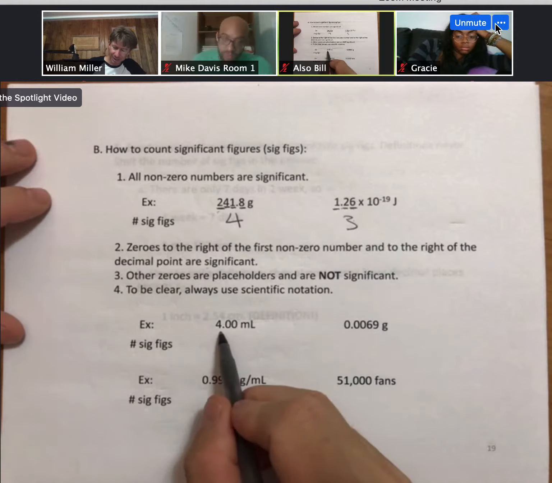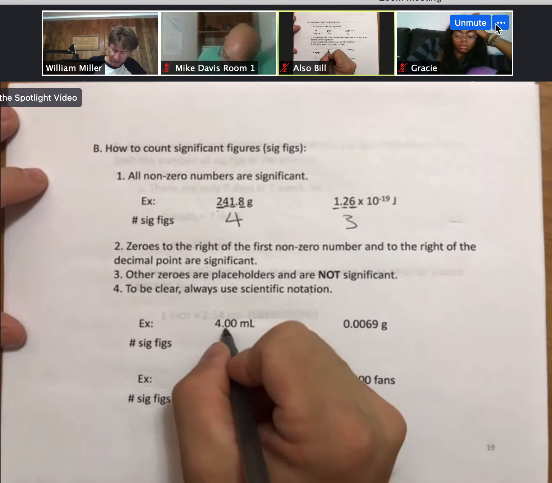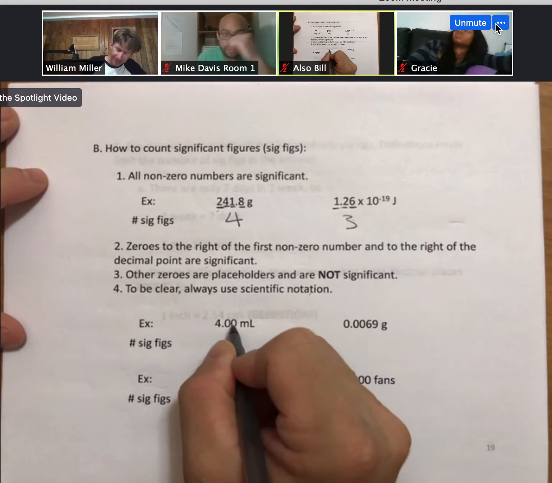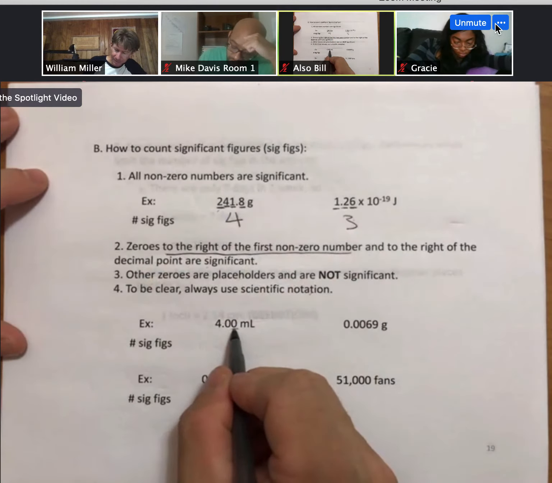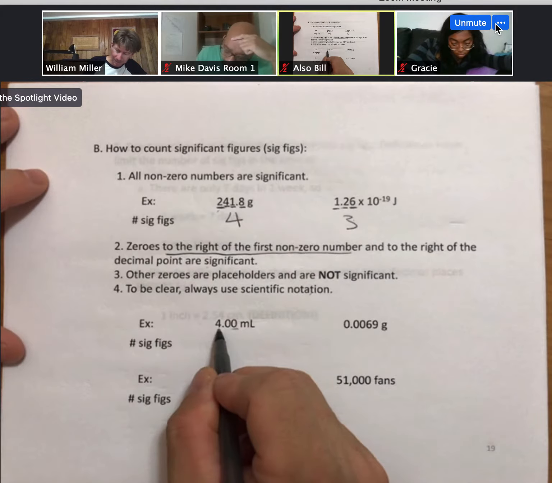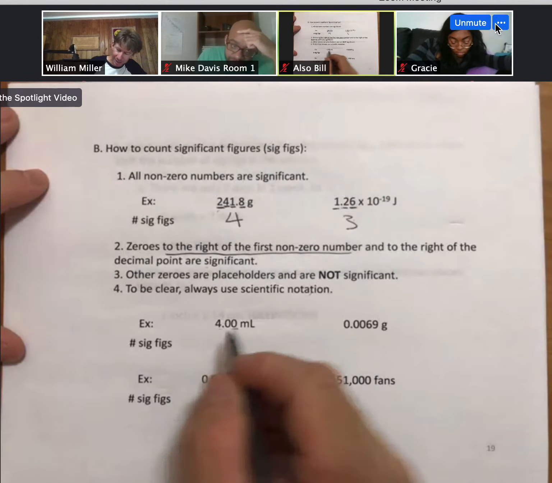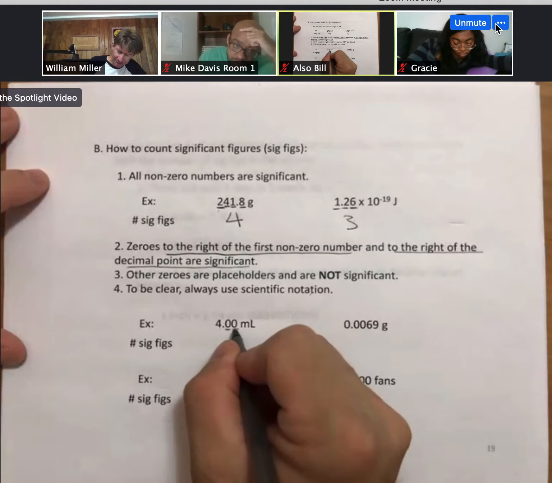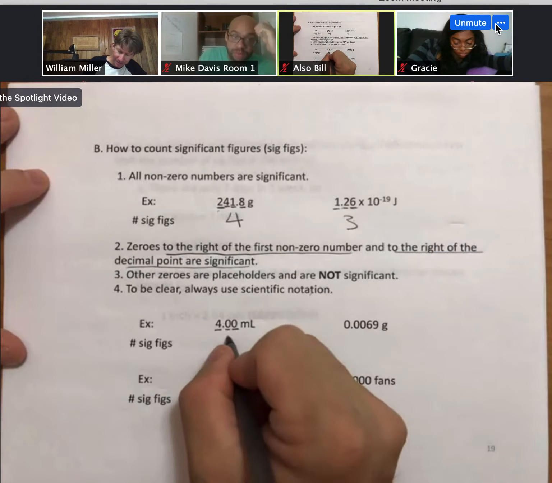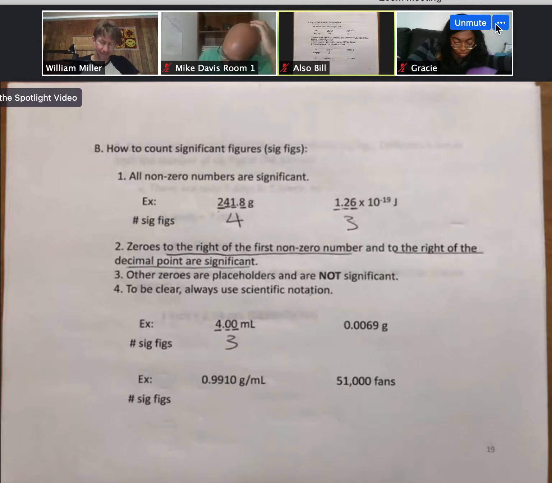In this first example here, I have 2 zeros, and they are to the right of the first non-zero number, and they are also to the right of the decimal point. So they are significant, and I'm going to underline them. There are 3 sig figs.